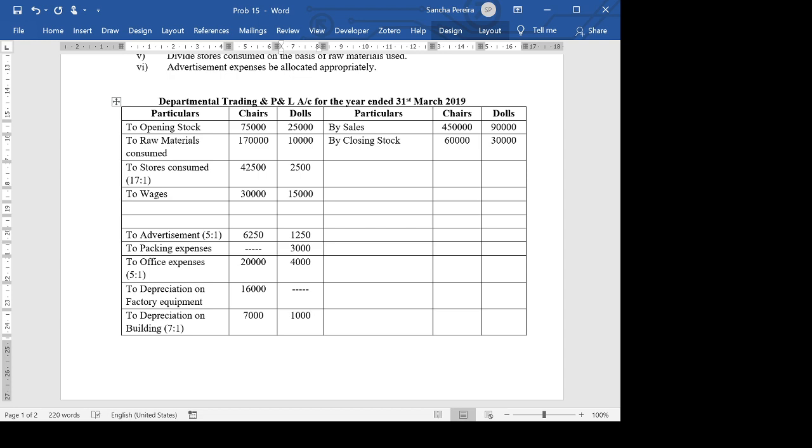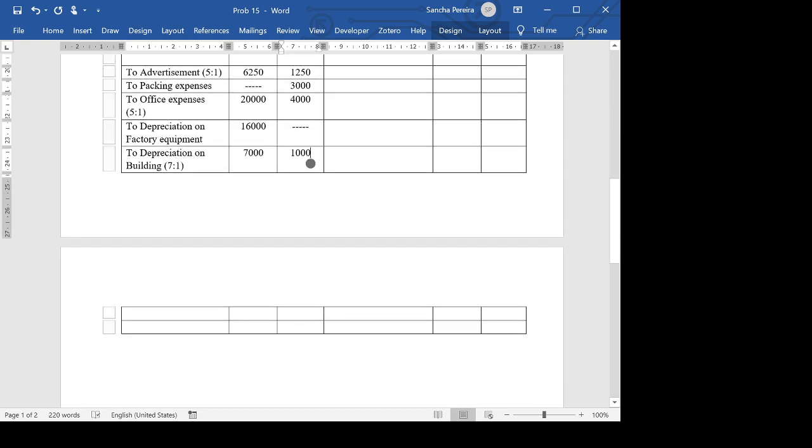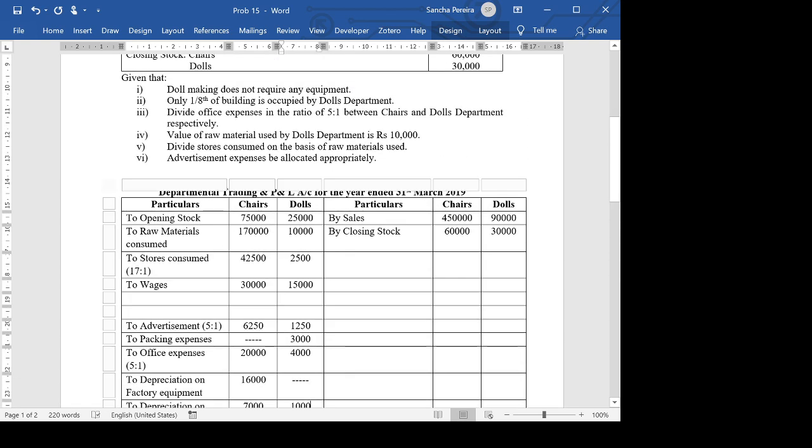I don't think we have anything else. We will now calculate the net profit and the gross profit. So the total here will be 5 lakh 10,000 on one side, and 1 lakh 20,000 to gross profit on the other.